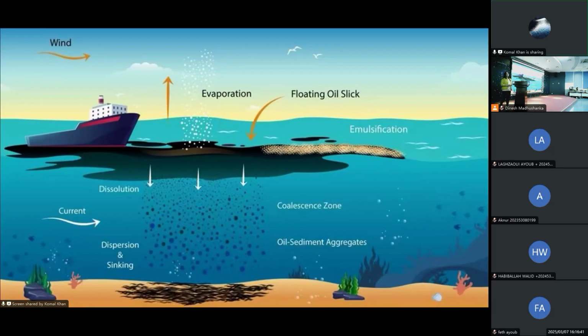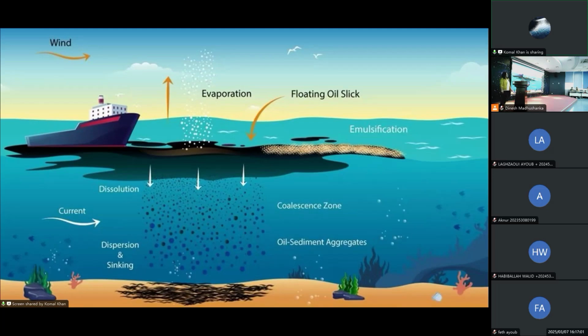I have also studied the weathering process of oil spills. So what is the weathering process? Mostly people think that weathering is only related to landslides or rocks or something like that. But a weathering process also takes place in oil.